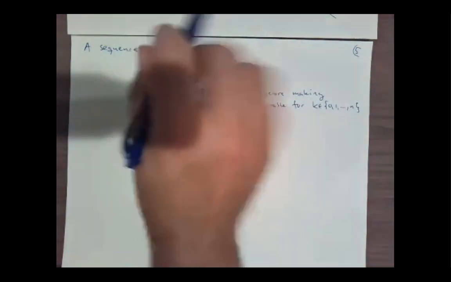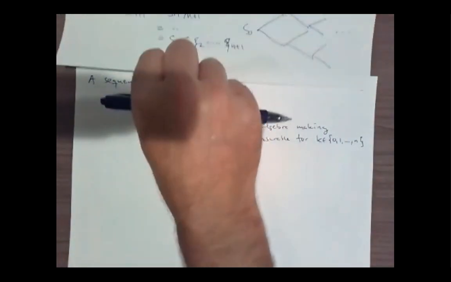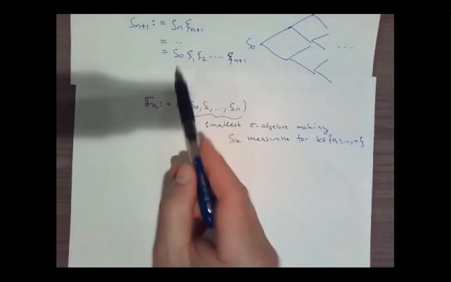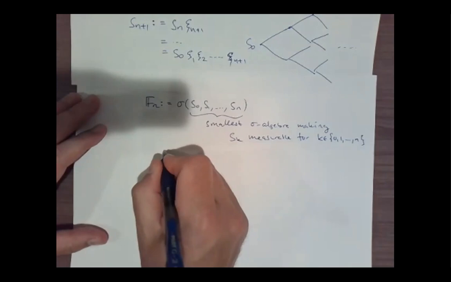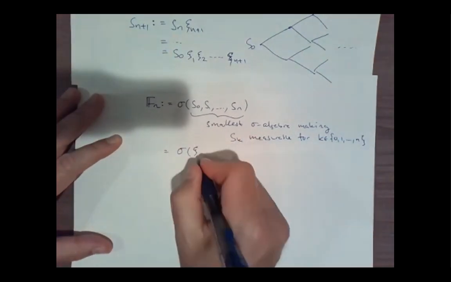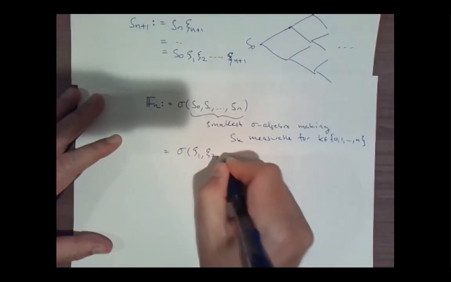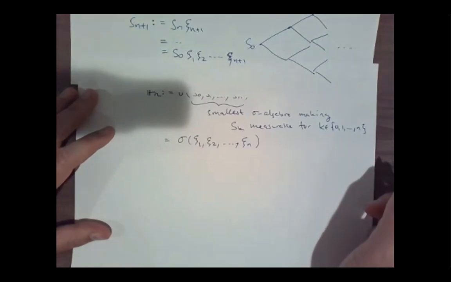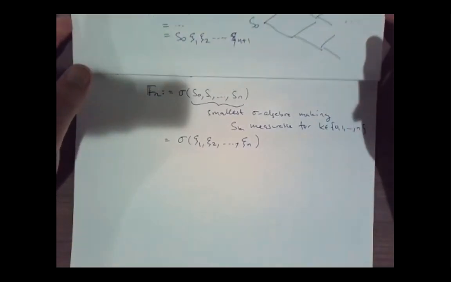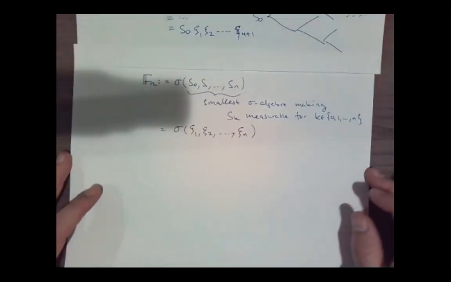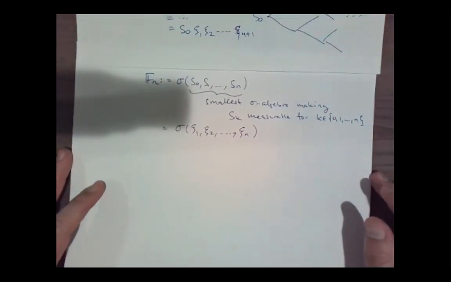But of course, if I look at what the definition of S is, I can equally well say that this is the same as the sigma algebra that is being generated by the first n coin flips. Right, so that's the smallest sigma algebra that makes the first n Bernoulli random variables measurable.